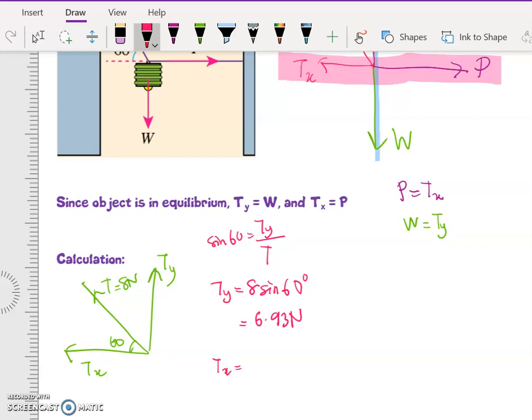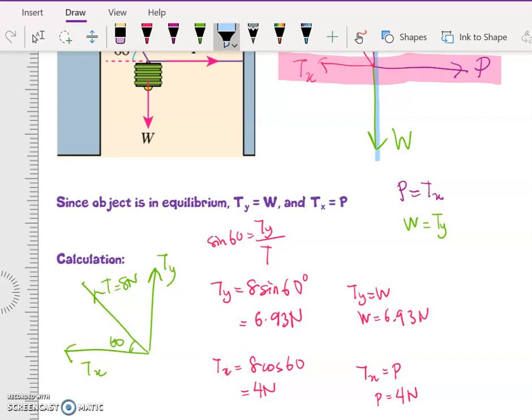So Tx is 8 cos 60 and you will get 4 Newton. Okay, so you know that Ty is equal to W if they are in equilibrium. So W is 6.93 Newton and Tx is equal to P, then P should be 4 Newton.